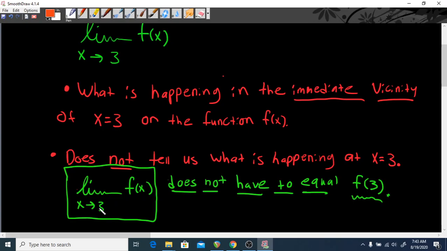They're completely different things. f of 3 tells you what is happening at 3, and it tells you nothing else. And the limit tells you what is happening immediately surrounding 3. So in other words, immediately to the left of 3 and immediately to the right of 3, if we're talking about just a regular curve in the xy plane. Okay?